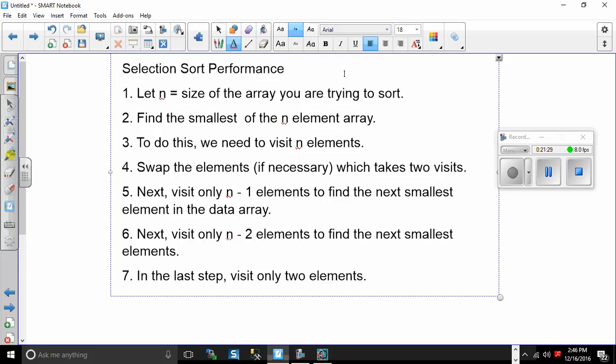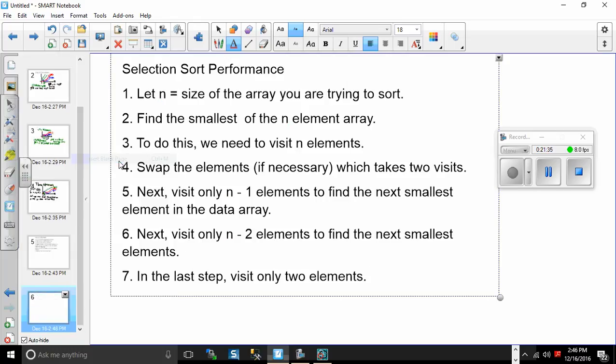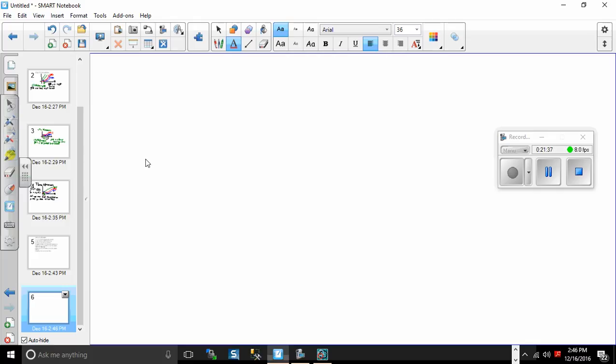So what does this mean? From an algorithmic perspective, what is the total number of visits? We traverse the array, we identify the smallest element, and then we swap the elements.